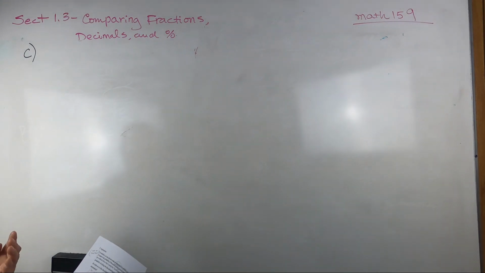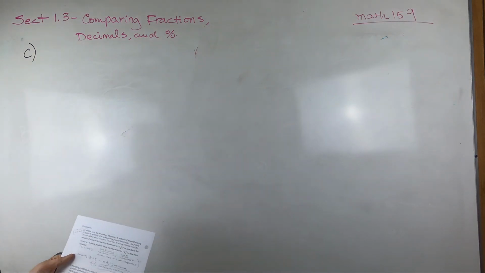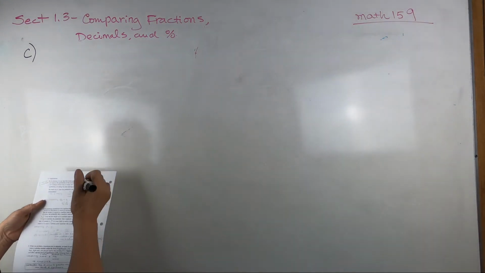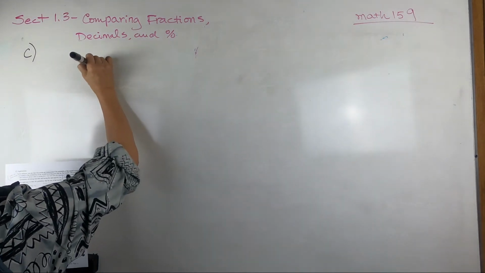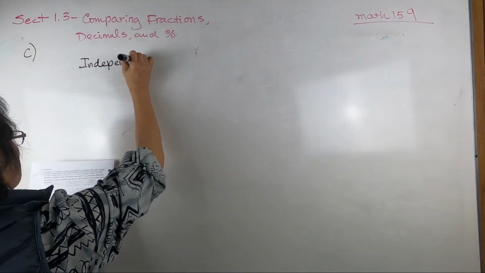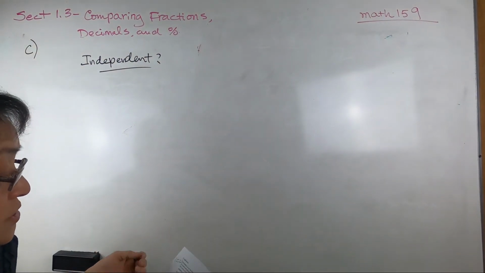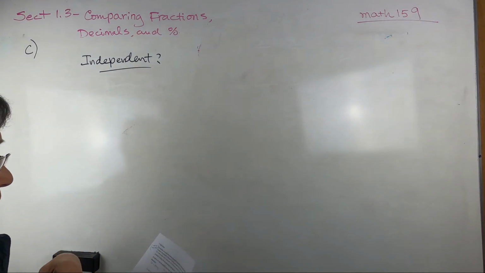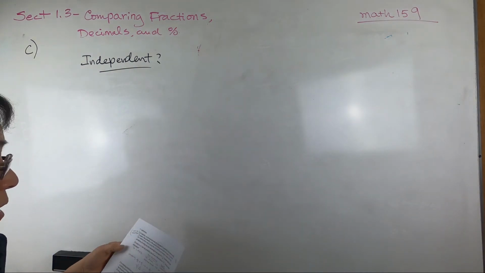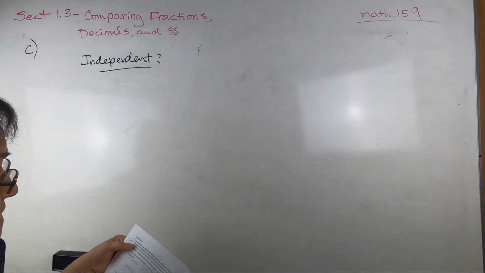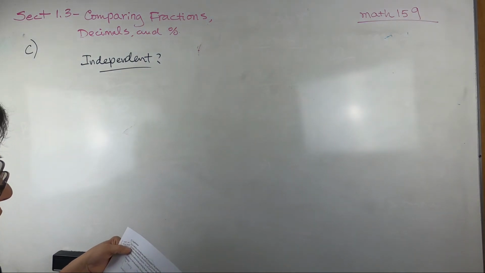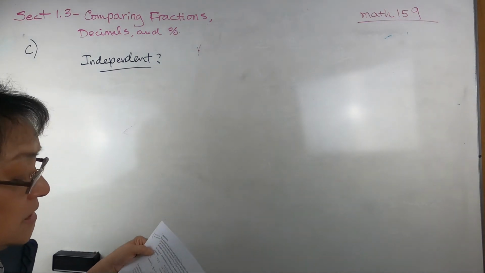So if you get confused in this class, what do you do? Find the question first. The question is saying, are those events independent? You have no idea, right? But it tells you what independent means. If the probability of the second occurring is equal to the probability of the second occurring given that the first occurring.